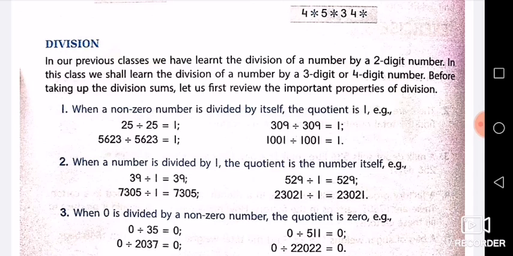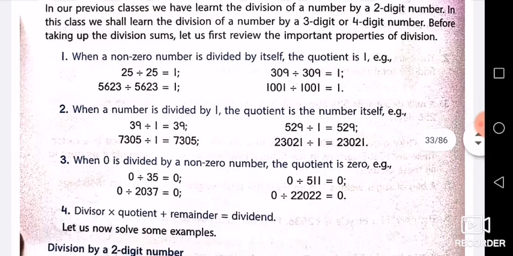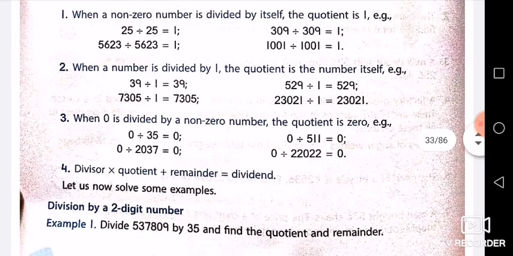Now come to the third property. When 0 is divided by a non-zero number, the quotient is 0. Example, if 0 is divided by any number, you will get 0 as an answer.